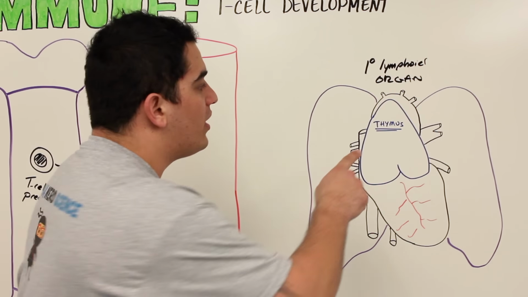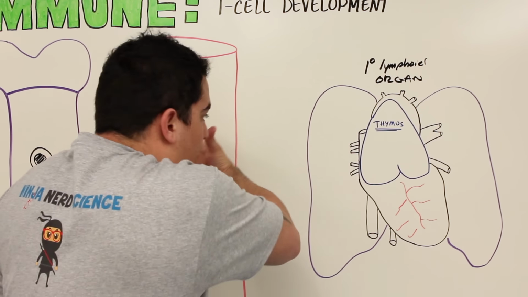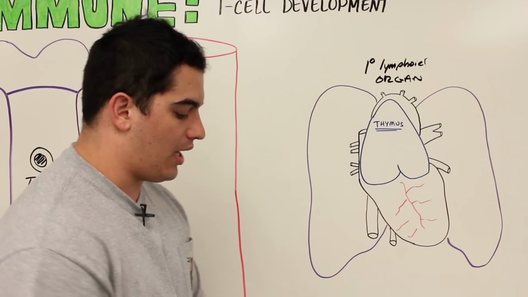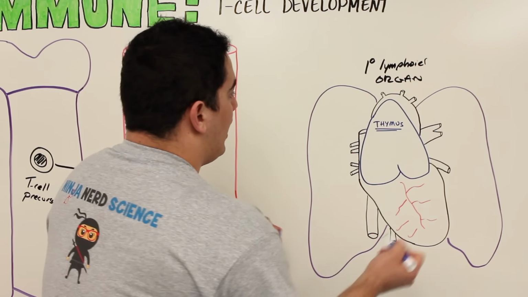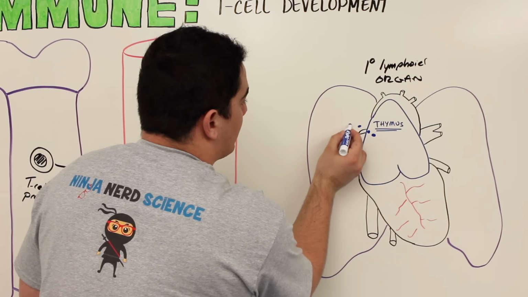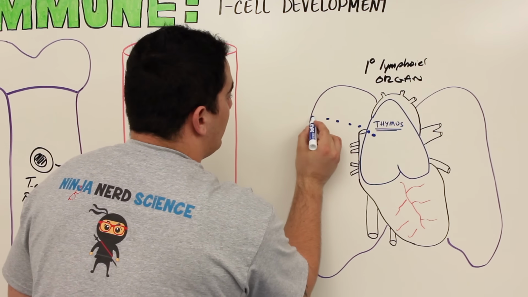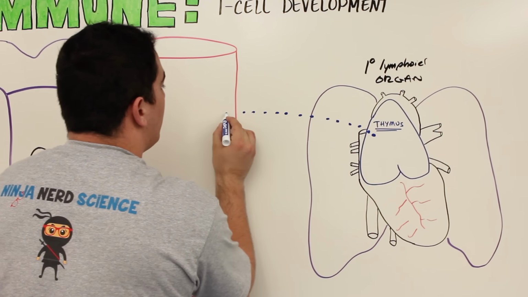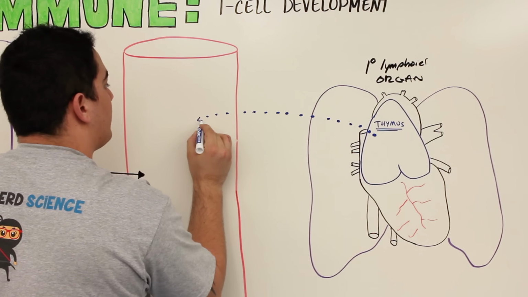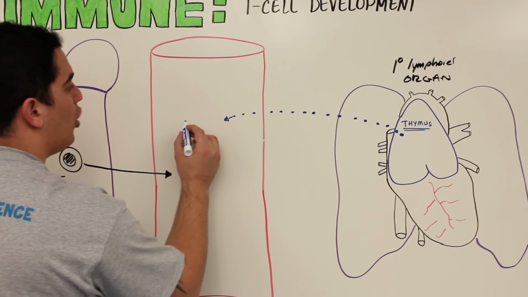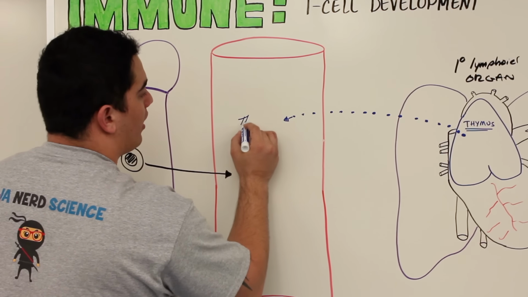So what does the thymus gland do that draws these T cells over so they can undergo specific types of selection and maturation? It secretes specific types of chemokines, chemotactic agents, that draw these T cells into this area. There are a couple of them. One is called thymosin.